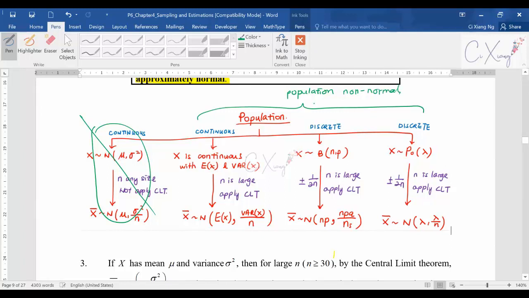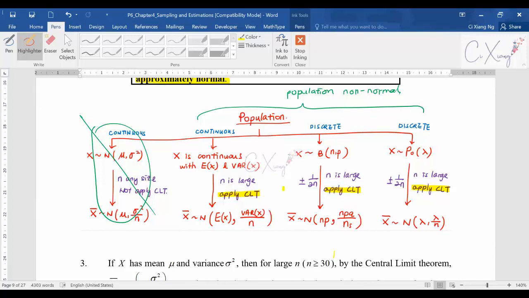For all the non-normal populations, you will see that we apply the CLT. Apply CLT, apply CLT, apply CLT. Only one case where we don't apply the CLT: when the population is normal. This is one of the famous questions they like to ask in the exam. Usually they ask you to answer a question about the sample mean, and then they ask, for this particular question, do you apply the central limit theorem or not?